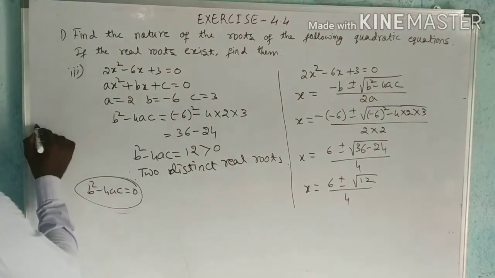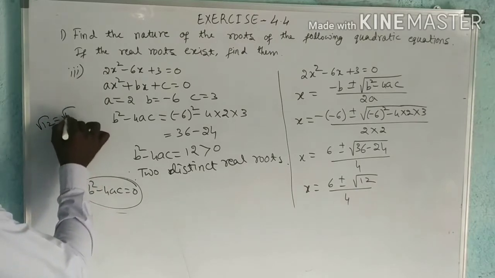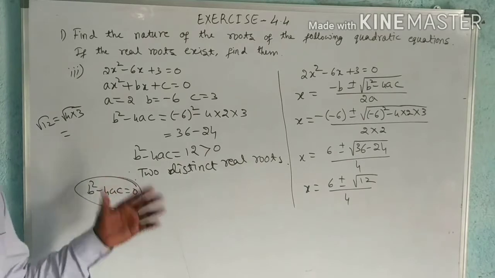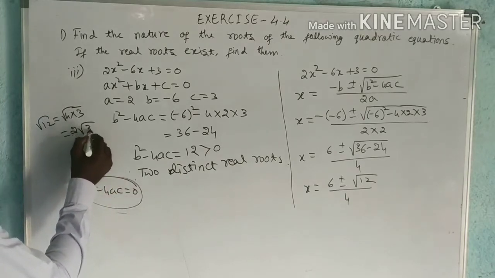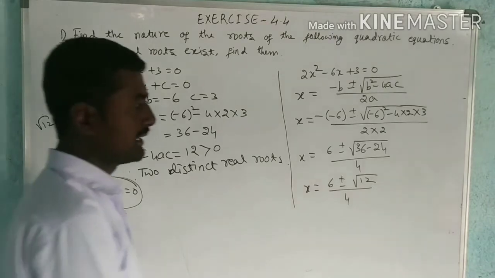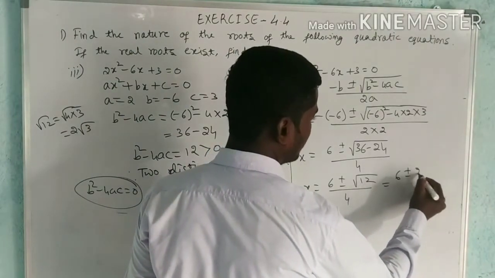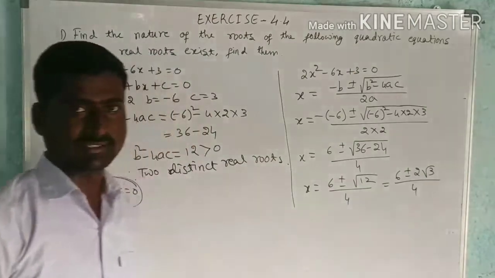So √12 I can write as 4 × 3, since 4 threes are 12. The square root of 4 is 2, so √12 is 2√3. So this equals (6 ± 2√3)/4.